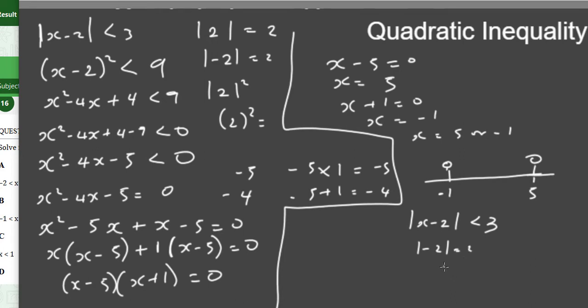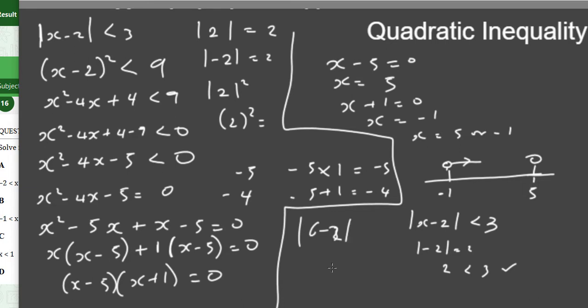We can actually say x is greater than -1. So the next thing we want to try is, can we say x is greater than 5 or less than 5? You can try any of them. You can try greater than 5. So let's try greater than 5. In this case, what we want to do is to insert any value greater than 5. So let's try a value like 6. So 6 minus 2 rather.